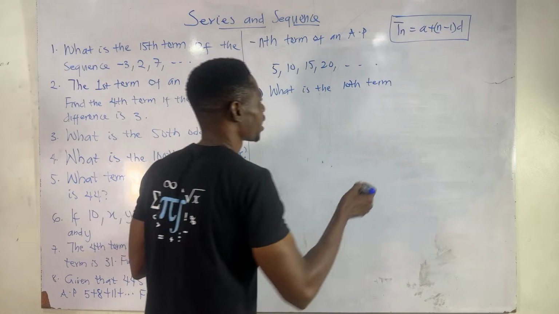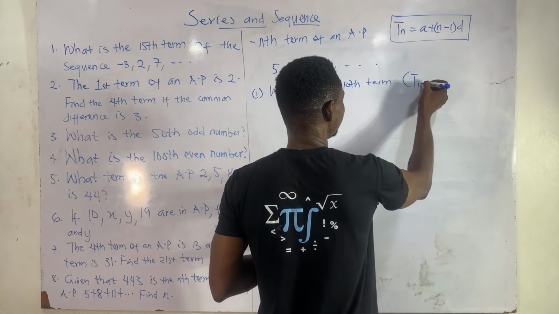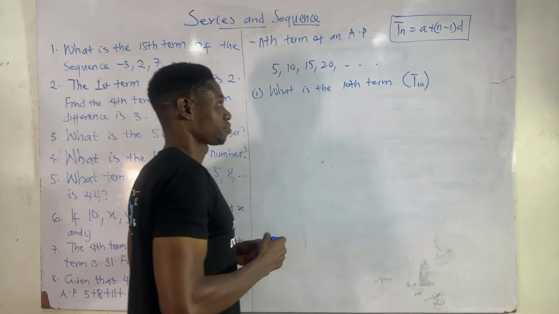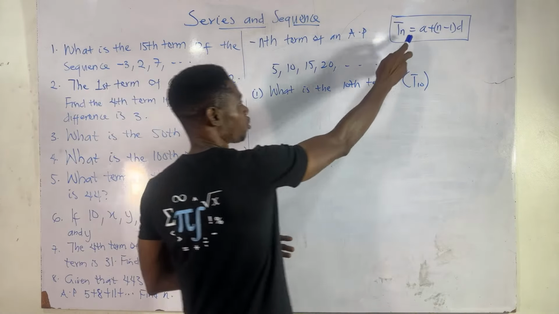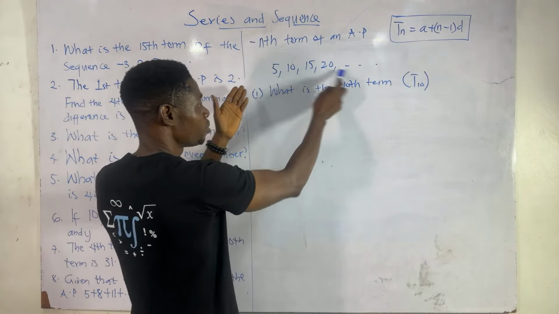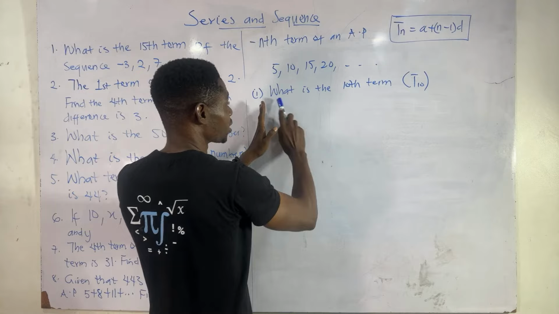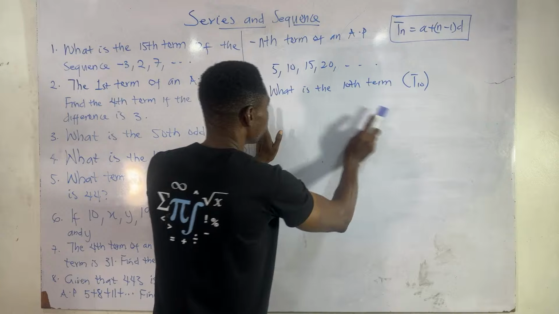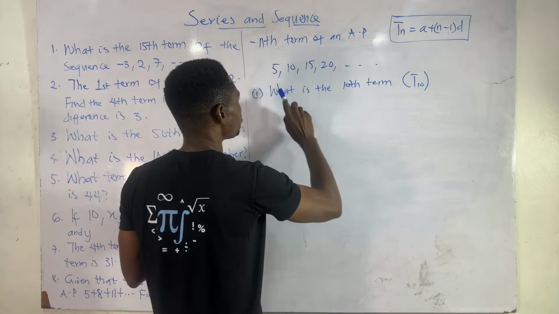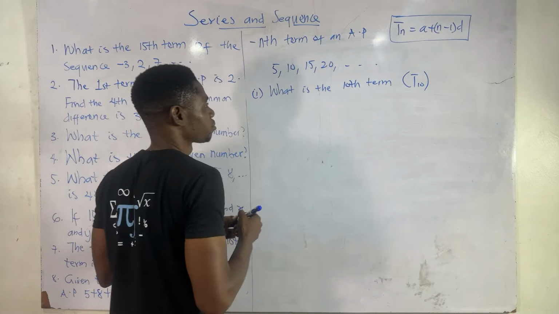So it's like you're looking for T10. Now you have a standard formula, right? Since this is an AP, let's check 5, 5, 5. So this is an AP, right? It says, what is the 10th term of this progression?